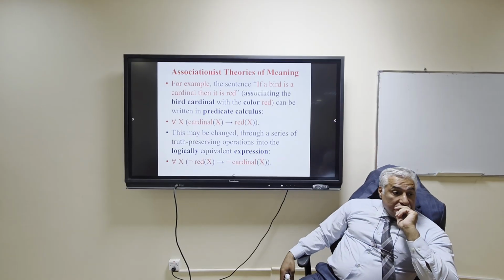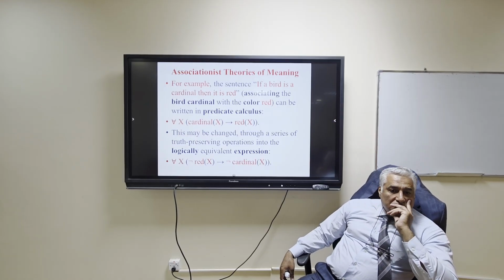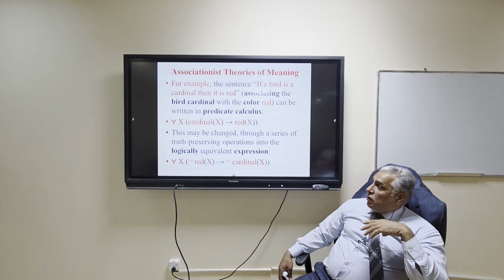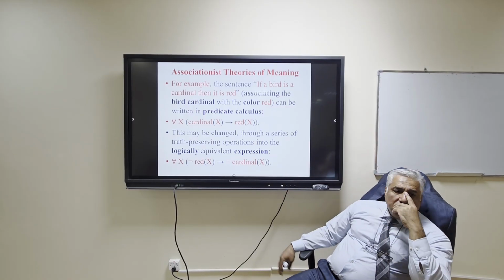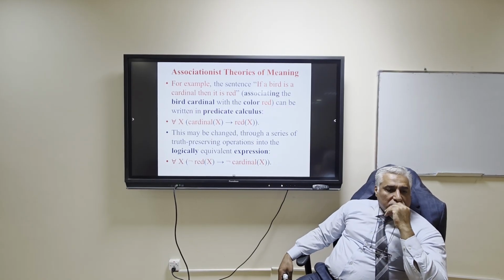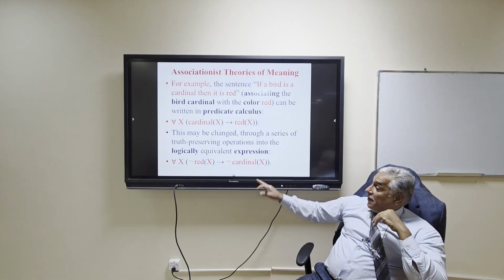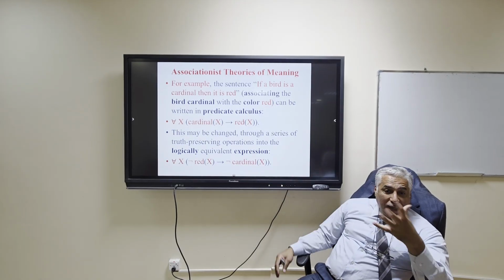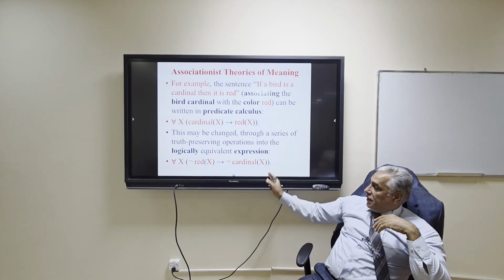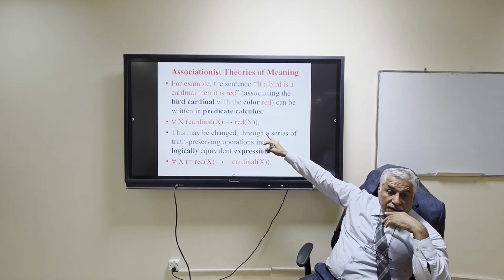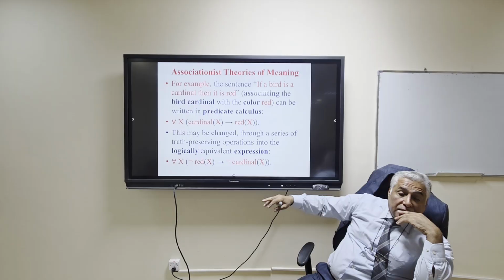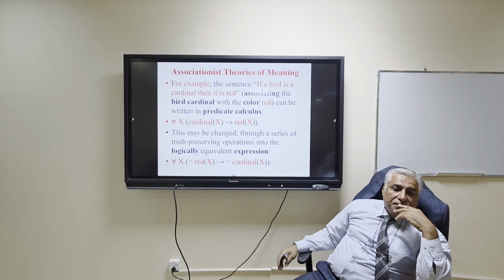But logically, or in real life, this is confusing, because x may be paper. If x is white paper, that means x is not red, and x being white does not mean cardinal.